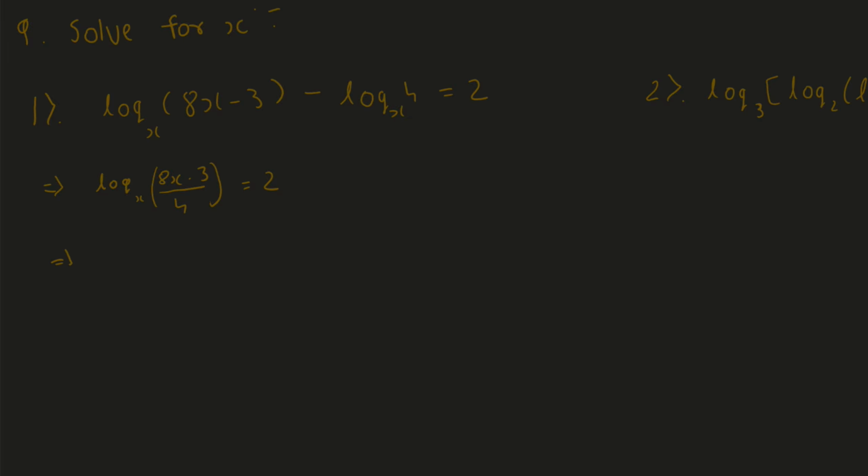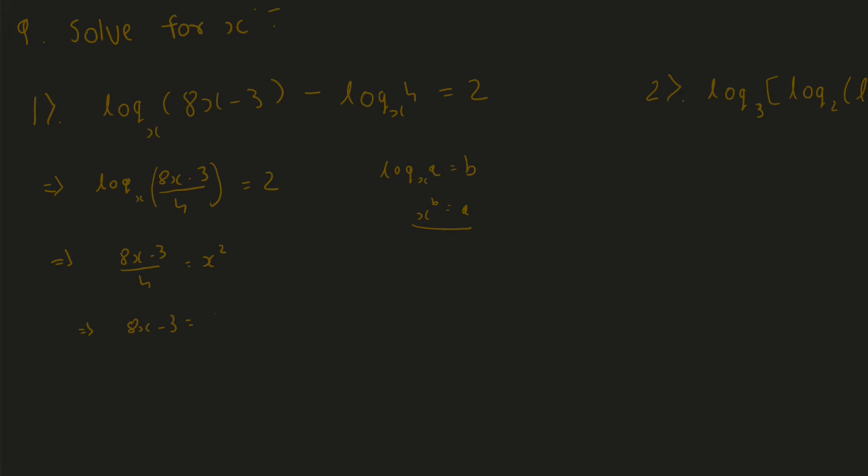This equals 2. Now we can just use the definition of the log here. What is the definition of the log? If log a to the base x is equal to b, then x raised to b is equal to a. So we can write 8x minus 3 upon 4 equal to x squared.